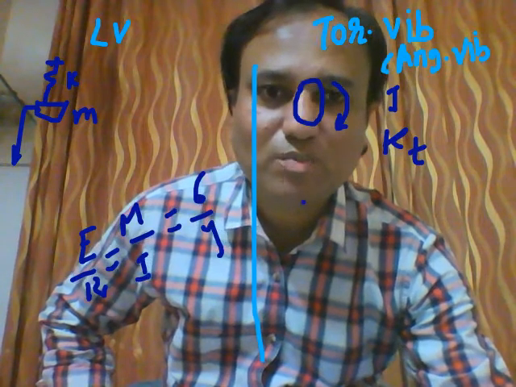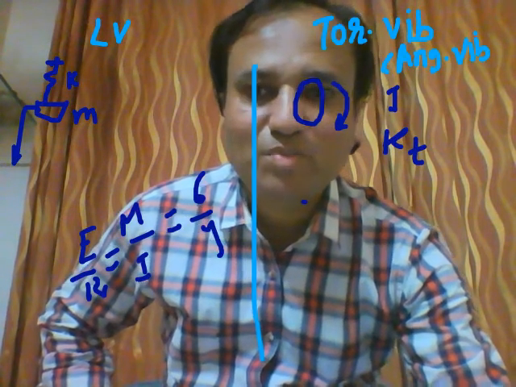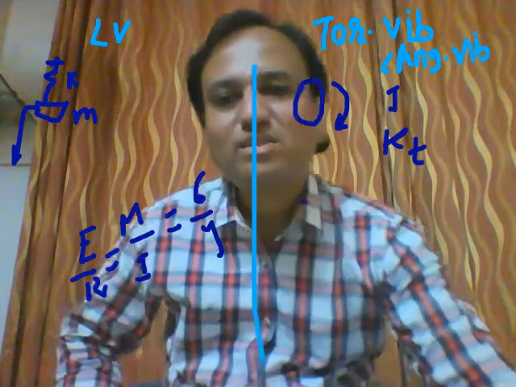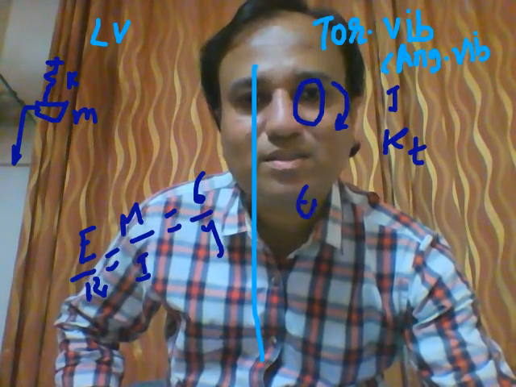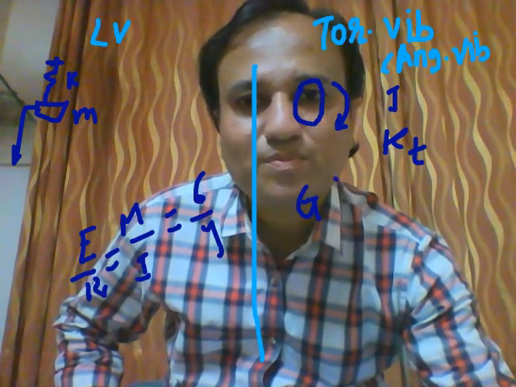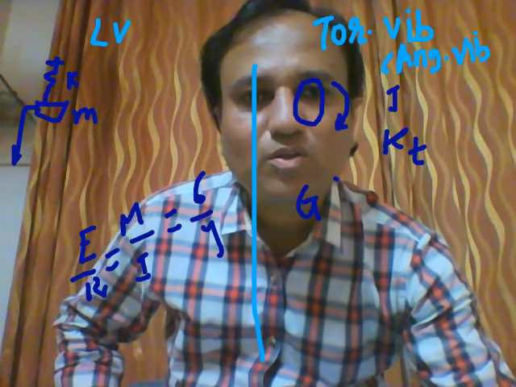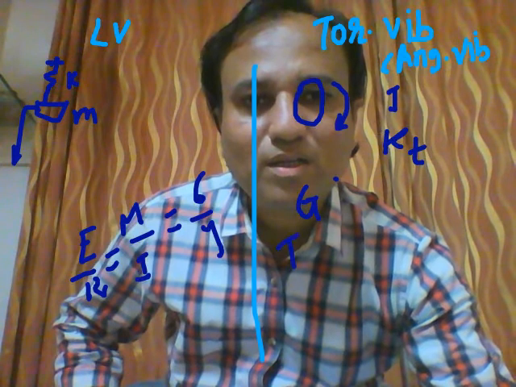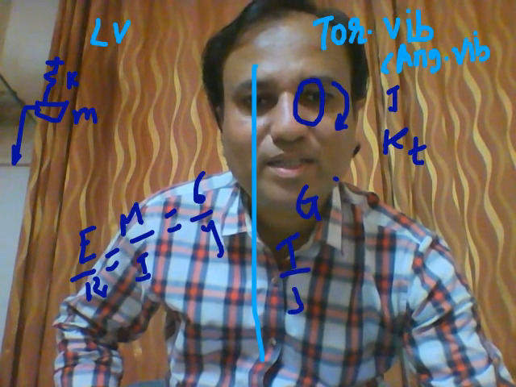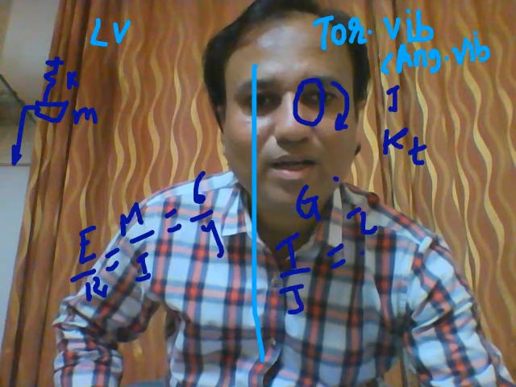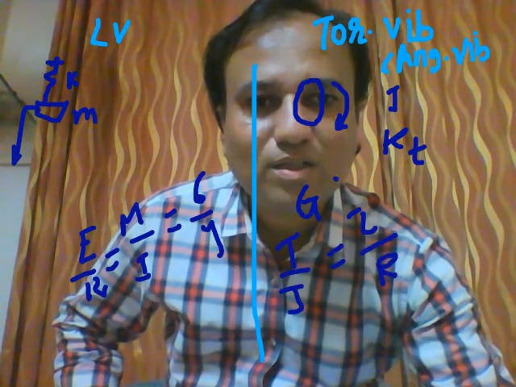Bending formula. Torsion formula, student, E will be replaced by G. So torsion formula, T by J is equal to tau by R, right, student? Tau by R.